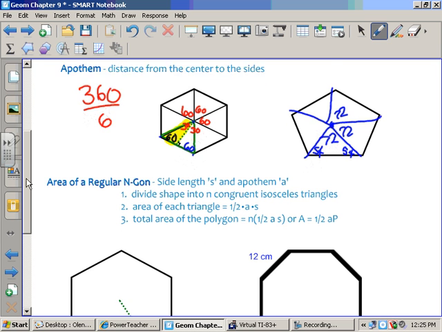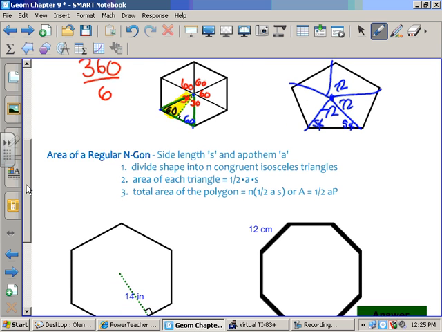Okay? And then sometimes, let me show you, we have a formula, like on your green formula sheets, there's a formula for non-quadrilateral polygons. And let me show you how we got it. So we said you take the area of this triangle and you multiply it by the number of sides, because there's one triangle per side, right? Okay?